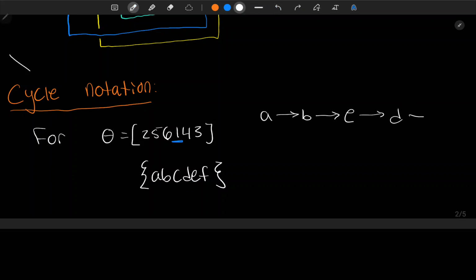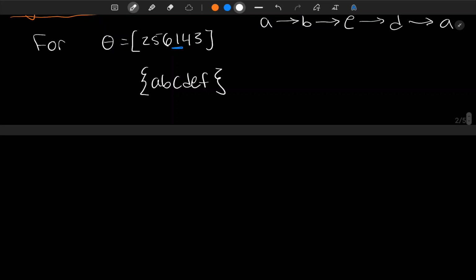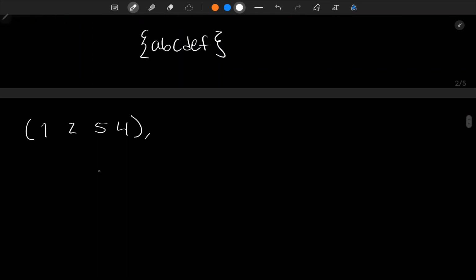So we're left with a cycle. We go from A to B, B goes to E, E goes to D, and D goes back to A. Since this is a cycle, we can represent it as 1, 2, 5, 4, meaning that the second element goes to the first element.